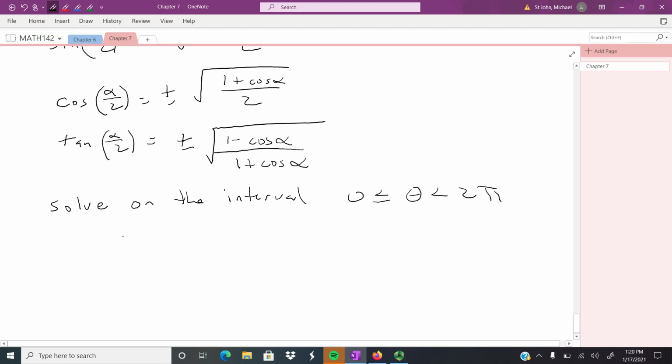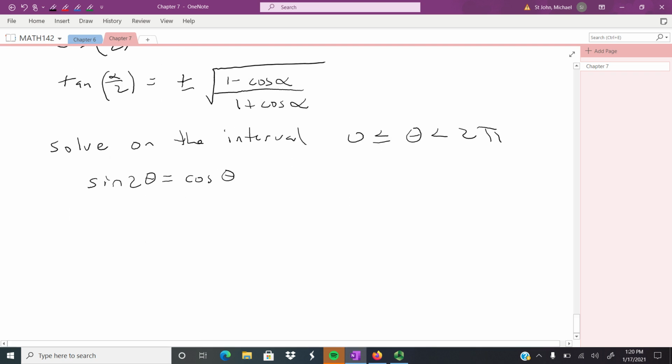We have sine of 2 theta equals cosine theta. Well, we got double angles, so we got sine of 2 theta. And so from our formulas, this will become 2 sine theta cosine theta is equal to cosine theta.